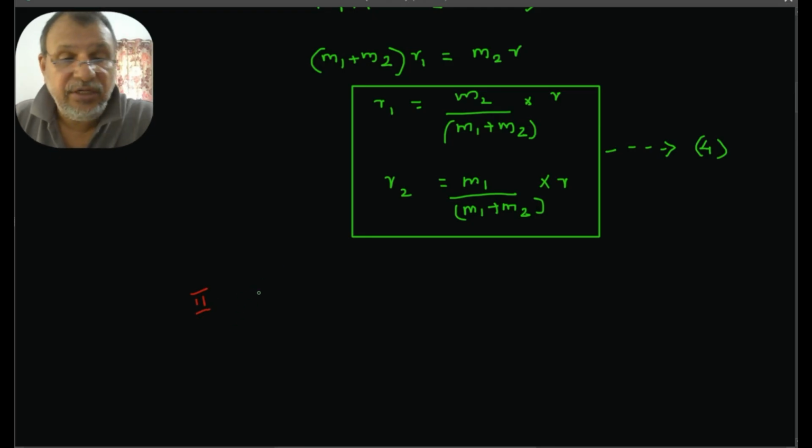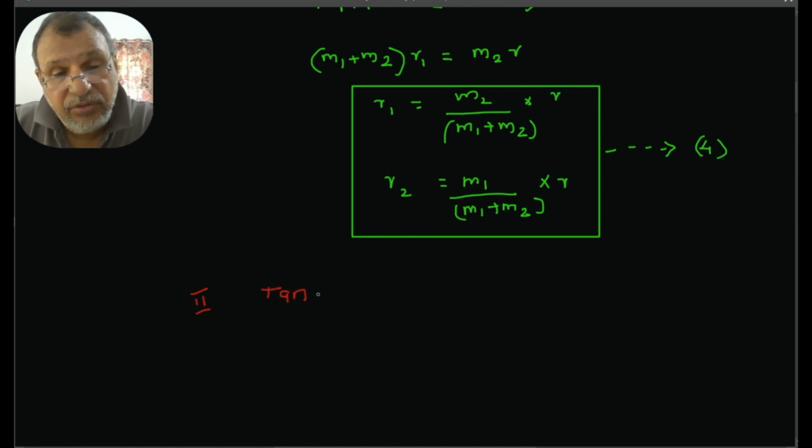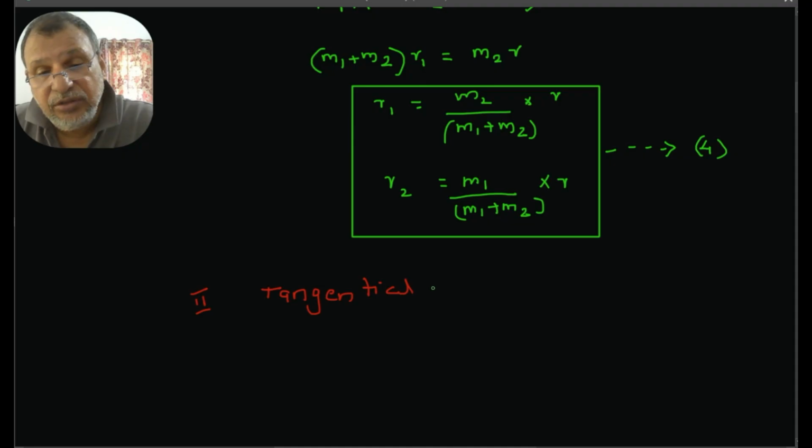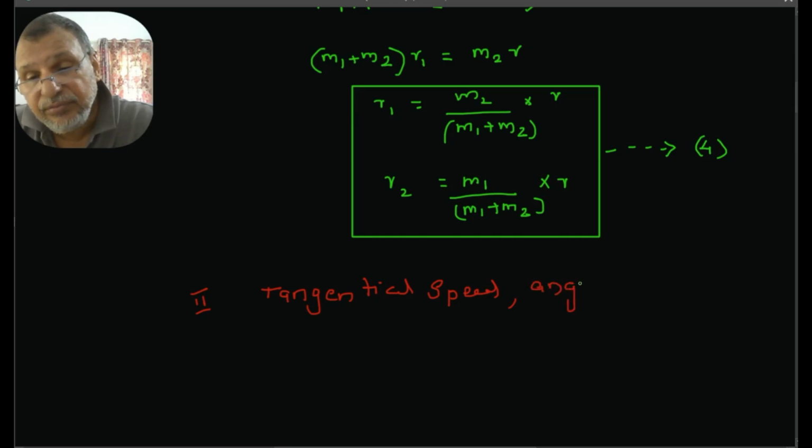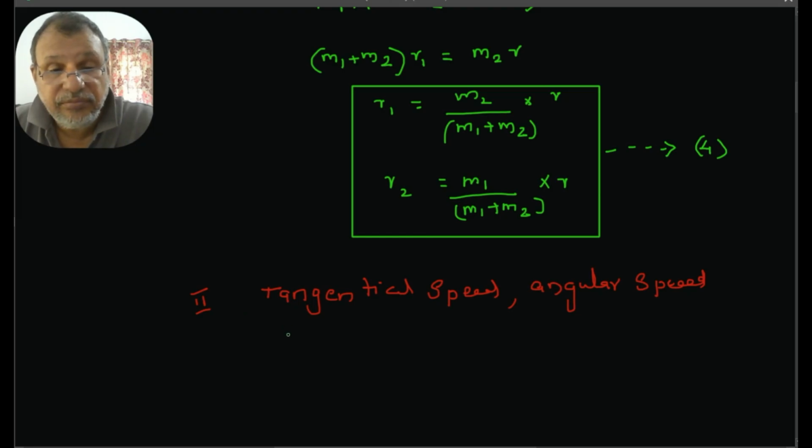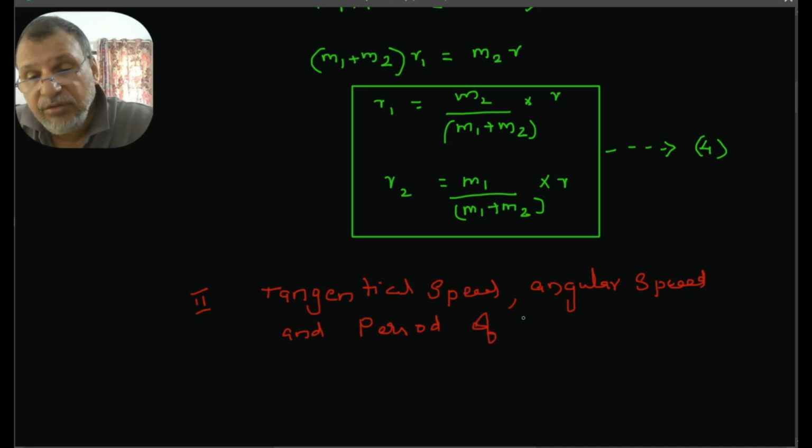In this case, we will describe tangential speed, angular speed, and period of revolution of a two-body system.